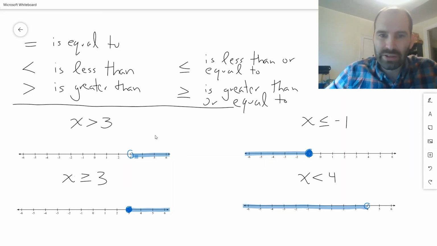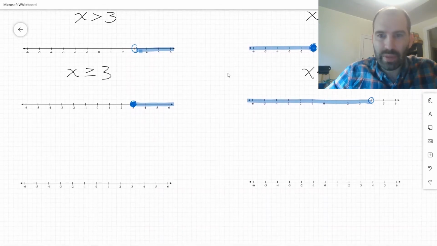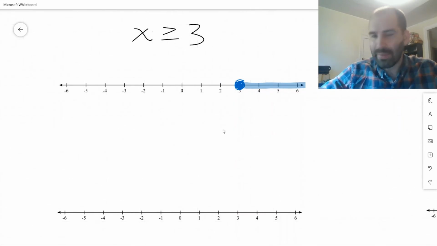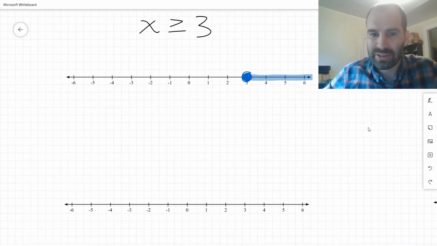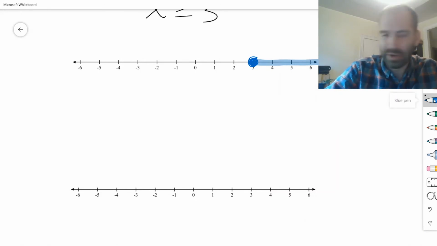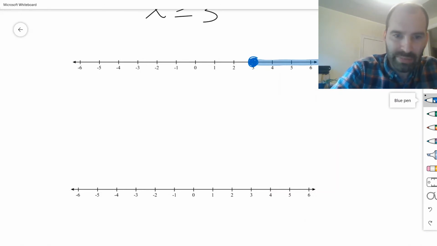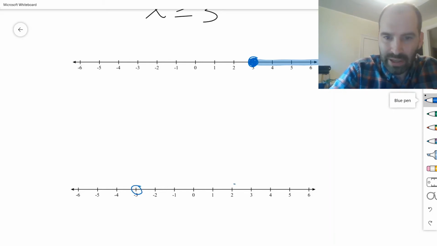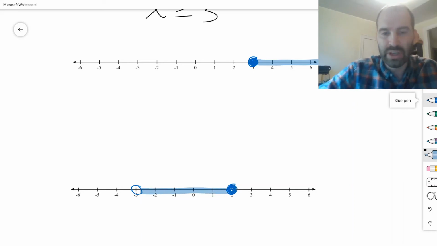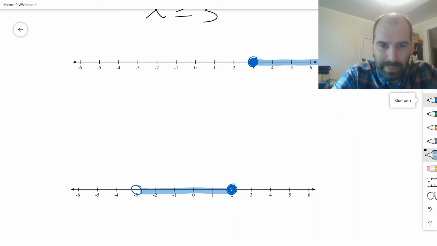Let's go down a little bit and let's look at an inequality. I'm actually going to draw the picture first, and then we'll try to see what inequality it might correspond to. All right, so what I'm going to do is maybe go from here up to here, and let's shade the 2 in. All right, and I'm going to shade in all these numbers. So I'm talking about all the numbers in that range.